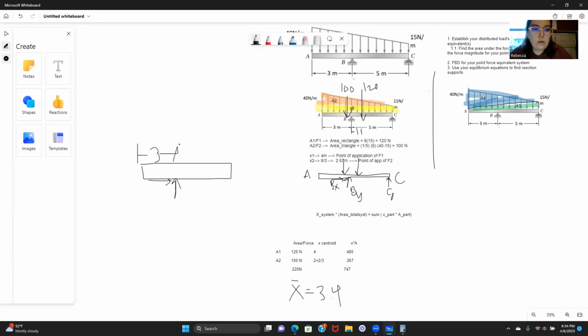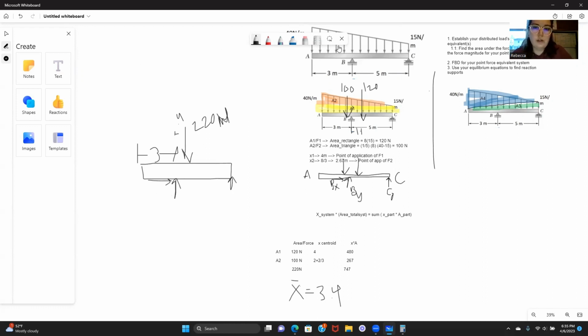And then 0.4 from that, we're going to have a larger force, a 220 newton force. Well, I don't know that it's larger yet, but a 220 newton force over here. We're going to find out that it is larger. A 220 newton force over there, and then we're going to have a value for Cy here.